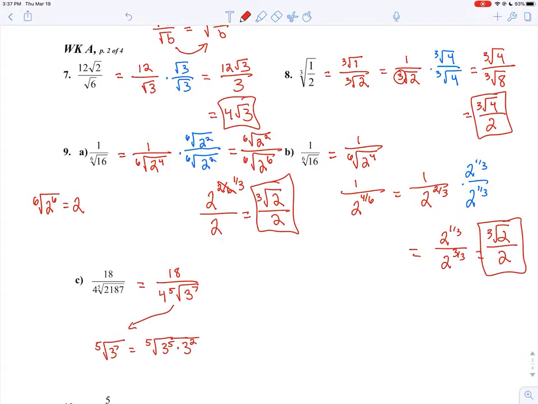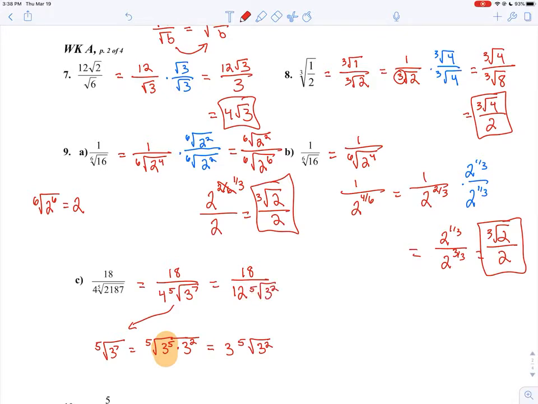The 5th root of 3 to the 5th we can take out and make a 3 on the outside. So this is really the same as 3 times the 5th root of 3 squared. How does that help? It makes it a little bit better. Now on the outside, the 4 and 3 multiply together, so we have 18 over 12 times the 5th root of 3 squared.